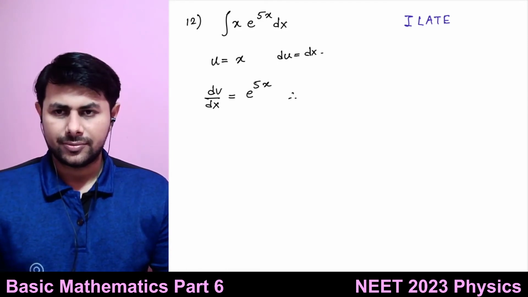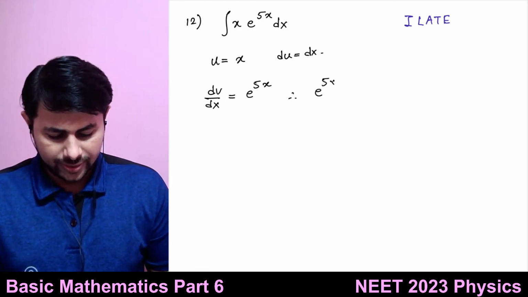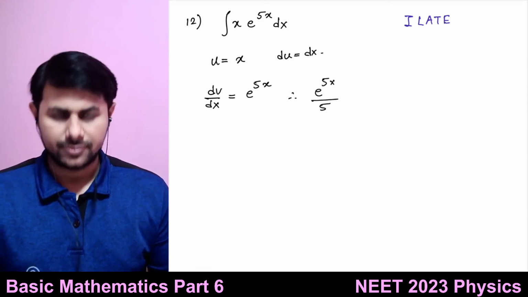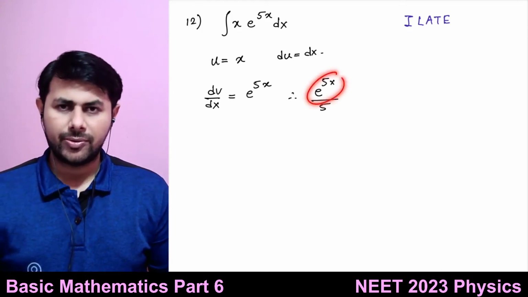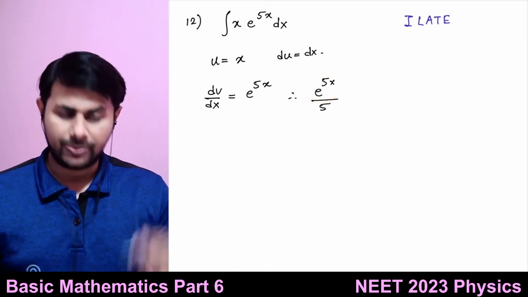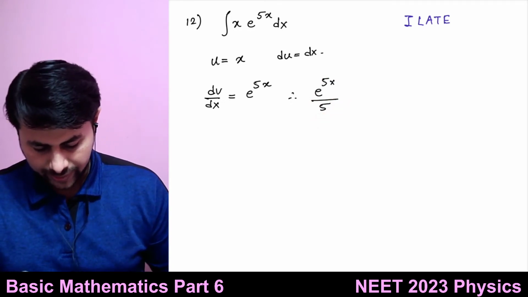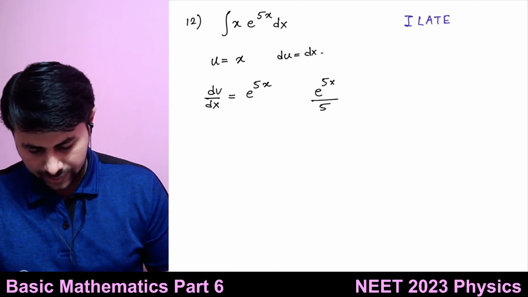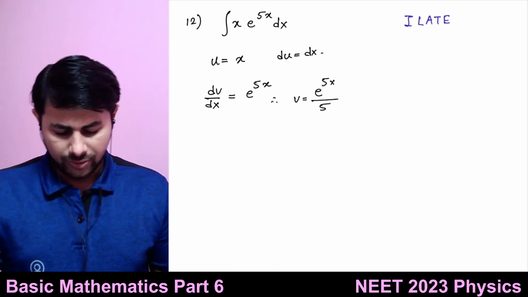V is equal to e to the power 5x by 5. Good, because if I take its derivative, it will be 5 e raised to 5x, and that 5 and this 5 will get cancelled out. Therefore v is equal to this, and now we can solve this.